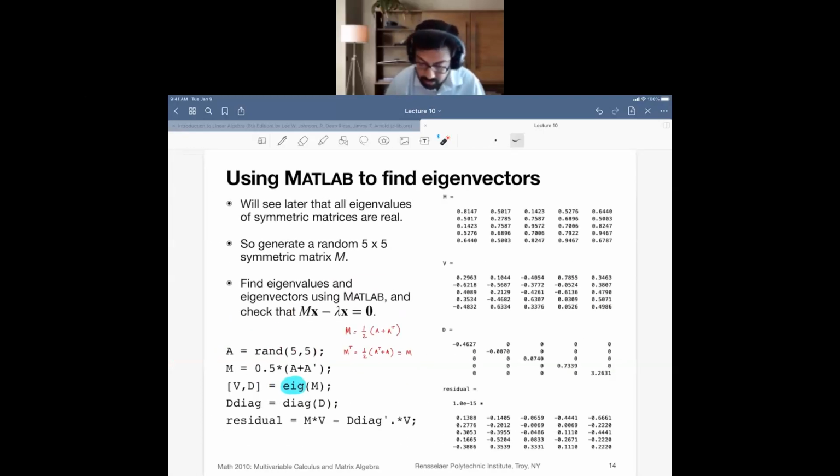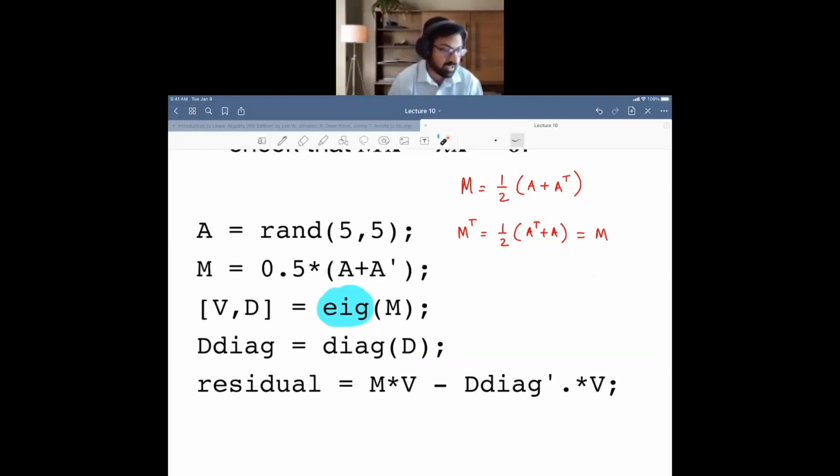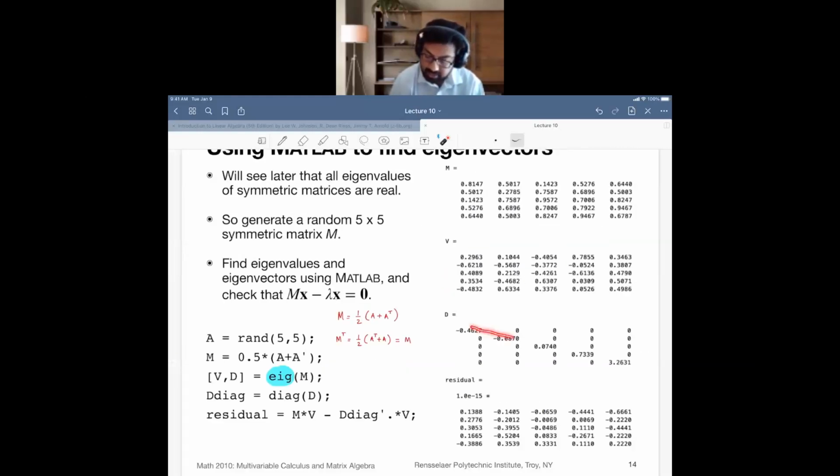Now, this is pretty simple, just a couple of commands. Enter any matrix, use the EIG function, and you will be able to see what the eigenvalues are. They will be in D, and all the eigenvectors are going to be in V. Next, I'm going to diagonalize D, which essentially means I am taking these values in the diagonal and making D diagonal just one vector here.